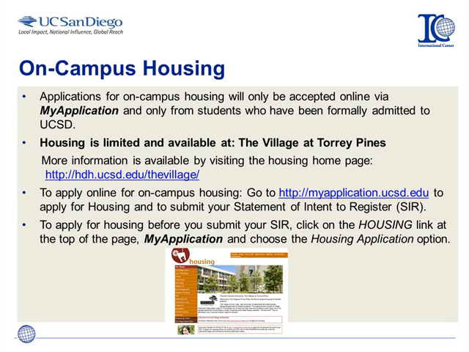Descriptions of these communities are available at the housing website. It's hdh.ucsd.edu. One example of a housing area that is specifically for transfer students is called the Village at Torrey Pines. So search for the Village when referring to the housing website.